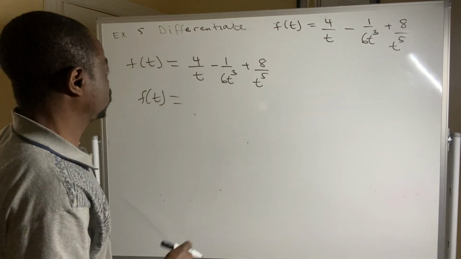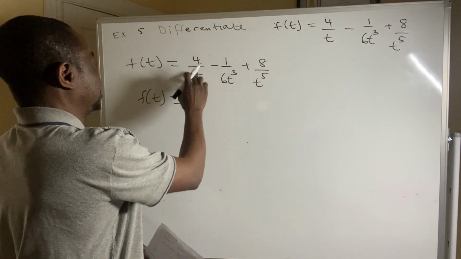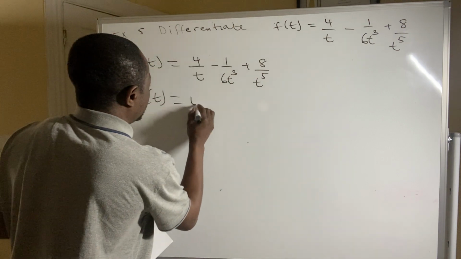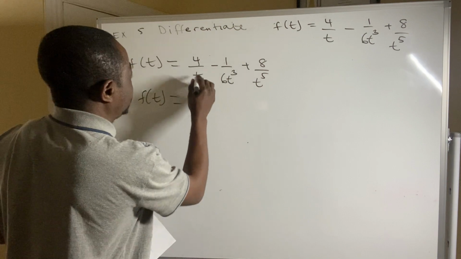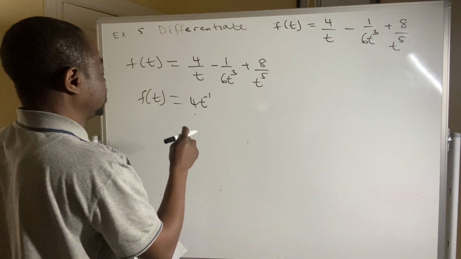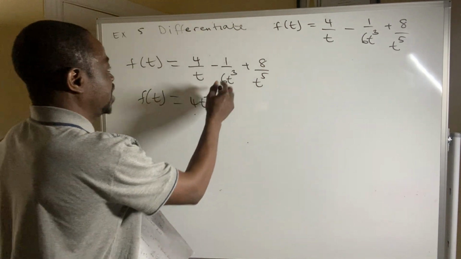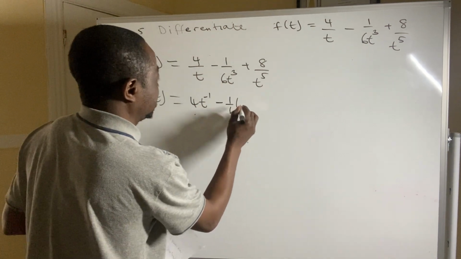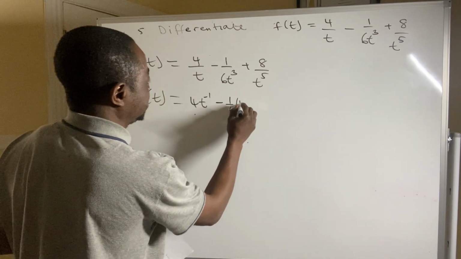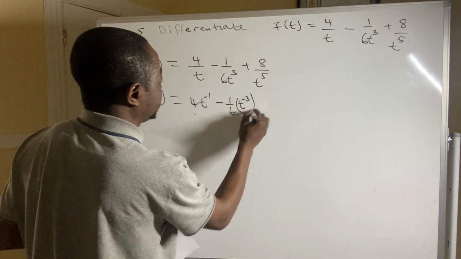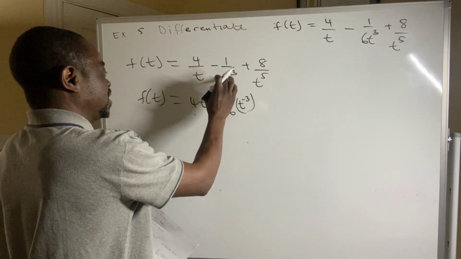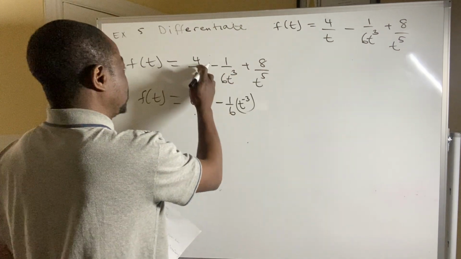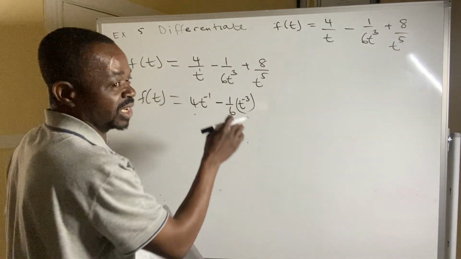f of t is equal to 4 over t, which you can write as 4 t to the power minus 1. And then here you have minus 1 over 6, which you can write as t raised to the power minus 3. So when the t's come up, the powers 1, 3, and 5, anytime the power comes up, it becomes a negative.